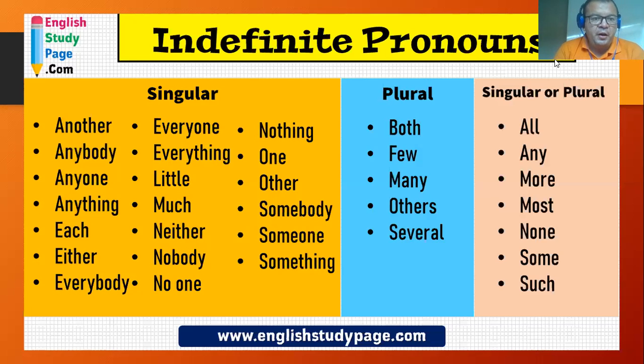For example, singular: another, anybody, anyone, anything, each, either, everybody, everyone, everything, little, much, neither, nobody, no one, nothing, one, other, somebody, someone, and something. I don't know why some people say neither, but in the video it said neither. I will investigate. We have singular, but we don't know if they are male or female.